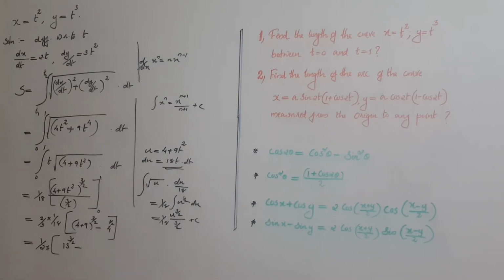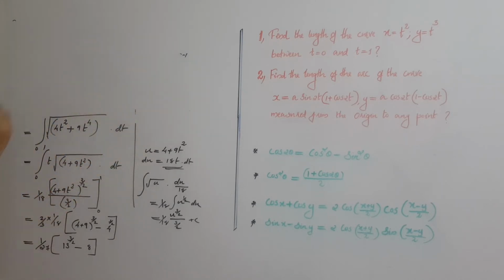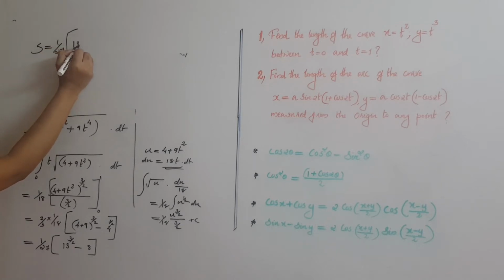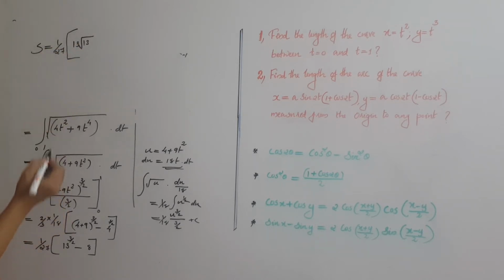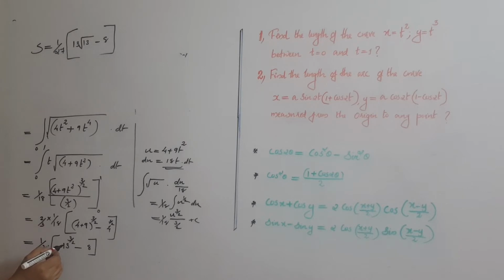Root of 4 cube can be written as 8. Now this becomes S is equal to 1 by 27 into 13 root 13 minus 8. 13 raised to 3 by 2, the square root of 13 cubed, can be written as 13 into root 13.